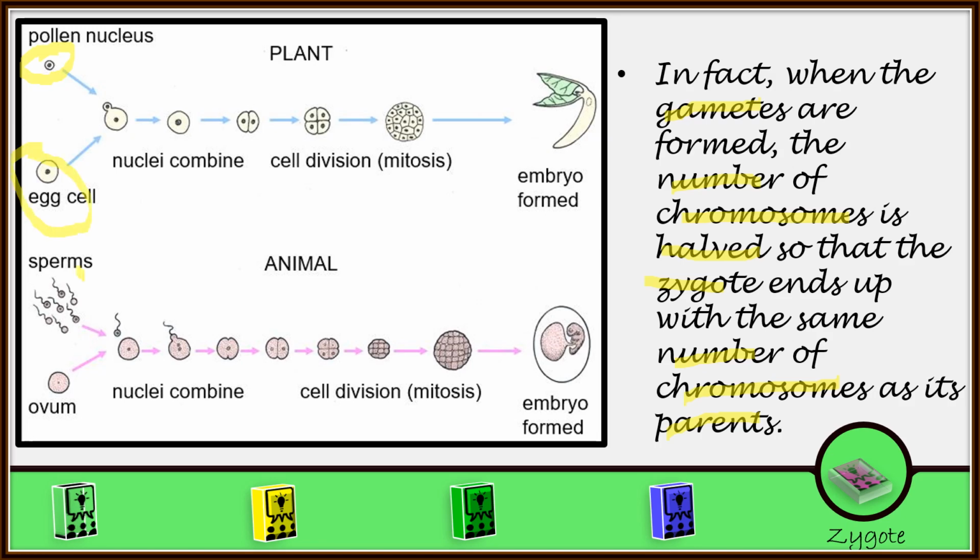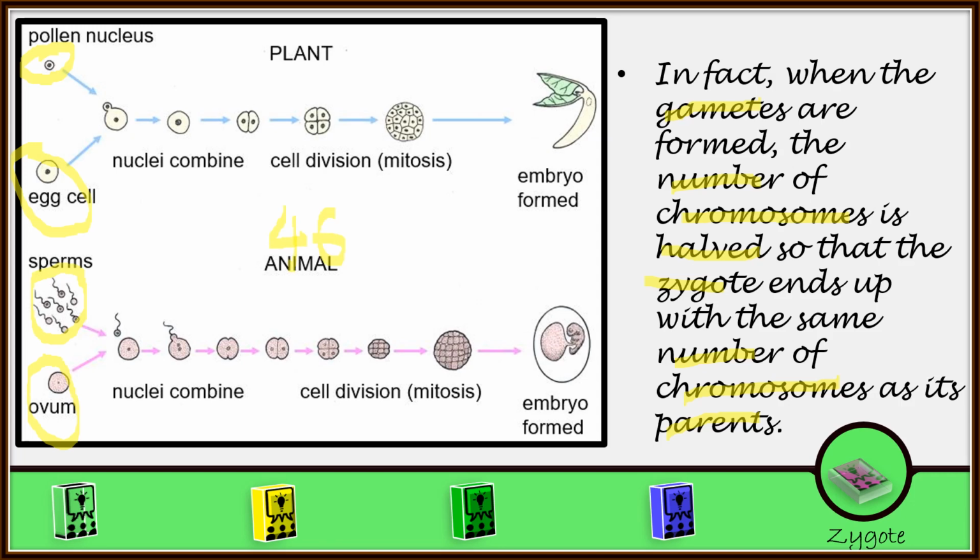For example, we have the sperm; here the number is going to be halved, and here the number will be halved. If a normal animal cell has got 46 chromosomes, that number is going to be halved.